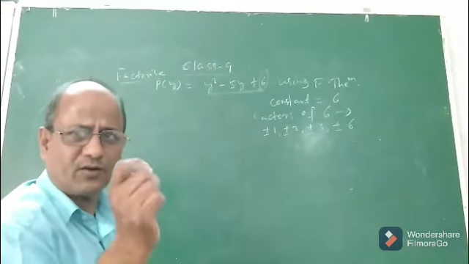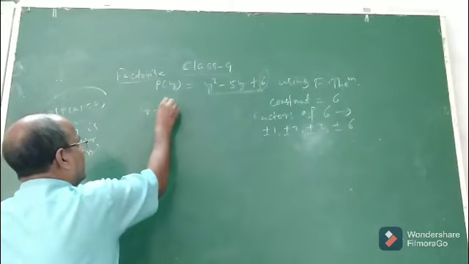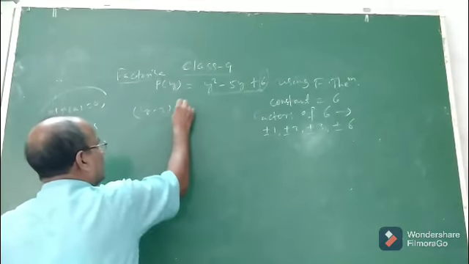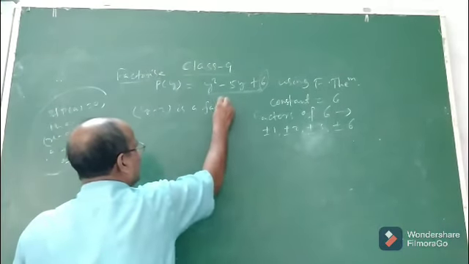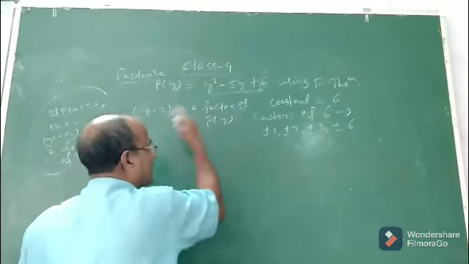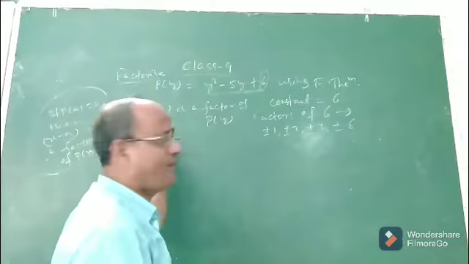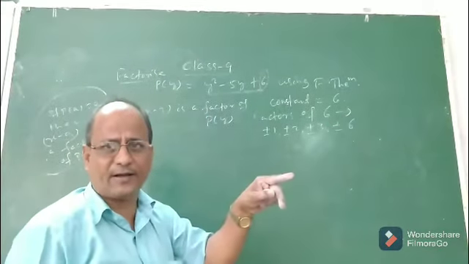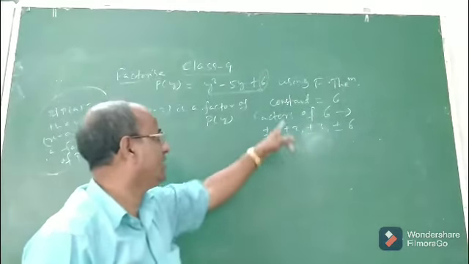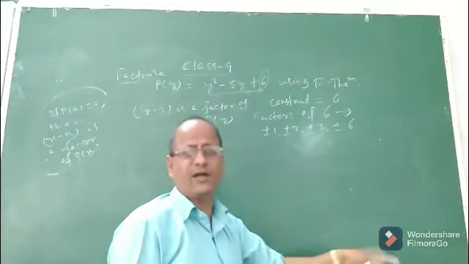Or the simple method will be, in my opinion, after we got y minus 2 as a factor of p of y, we have to find another factor because it is a quadratic polynomial, which means it will have 2 linear factors. One factor is obtained. To get the other factor, you can again test by taking these values, or we can do another way.